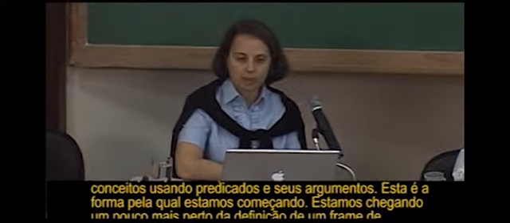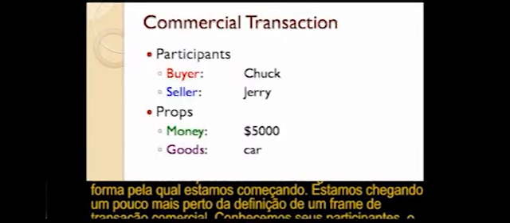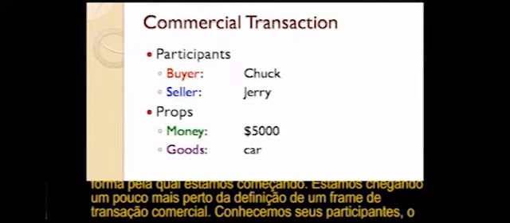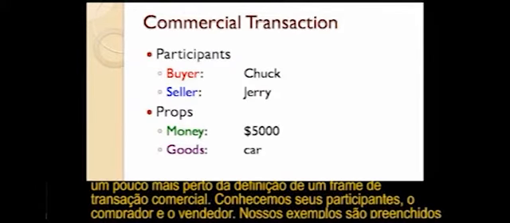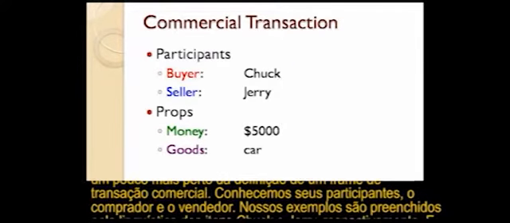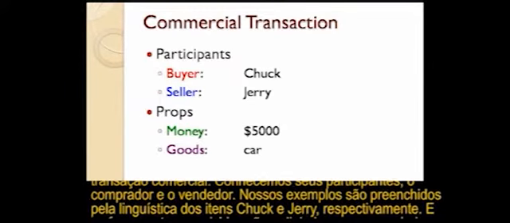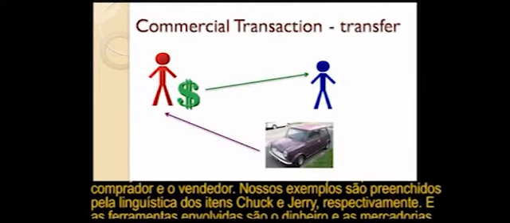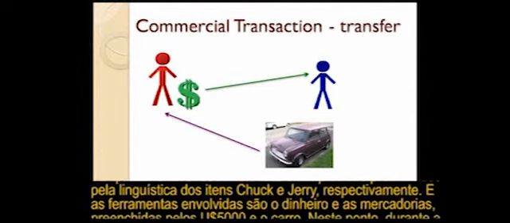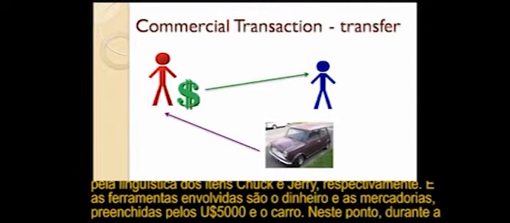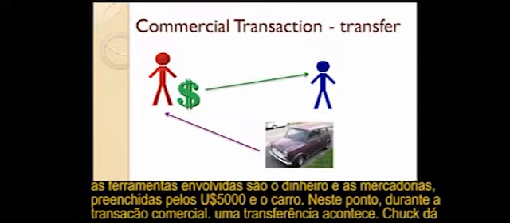We know its participants, the buyer and the seller, in our examples, filled by the linguistic items Chuck and Jerry, respectively. And the props involved are the money and the goods, filled by $5,000 and car. At this point during the commercial transaction, a transfer takes place, right? Chuck gives the money to Jerry, and Jerry gives the car to Chuck.